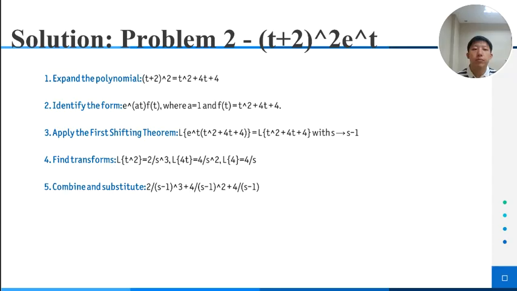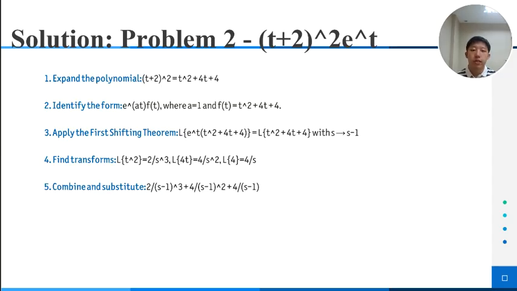Moving on to problem 2. The function is (t plus 2) squared times e^t. First, I expanded the square term to get t squared plus 4t plus 4. This expression is then multiplied by e^t, so we again use the first shifting theorem with a as 1.